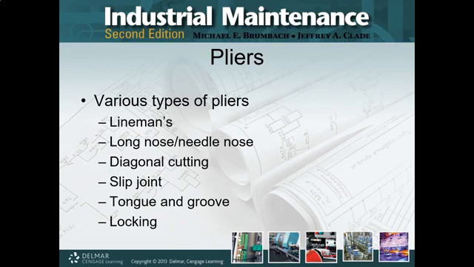Not so many uses with diagonal cutters. Diagonal cutters are nothing more than wire cutters set at an angle. I know they went out on a limb to name this one, right? And you're going to be cutting copper wire. You can cut aluminum, yes, but do not cut steel wire or cable with these. They will not work, and they will not like you.